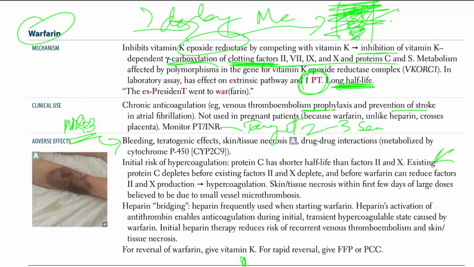Elimination is through P450 enzymes. So look for concurrent drugs the patient is taking, inducers or inhibitors, and fix the dose to keep the INR at 2 to 3.